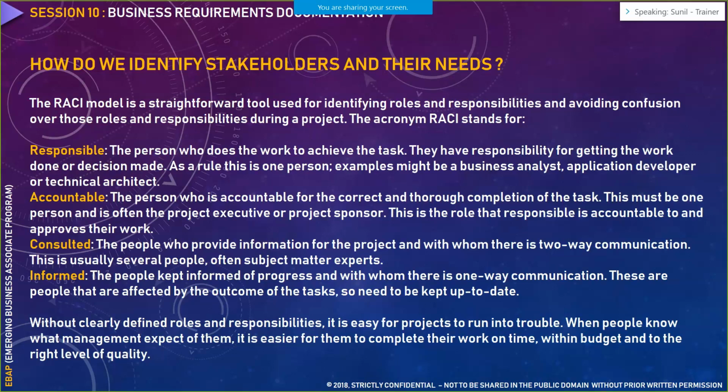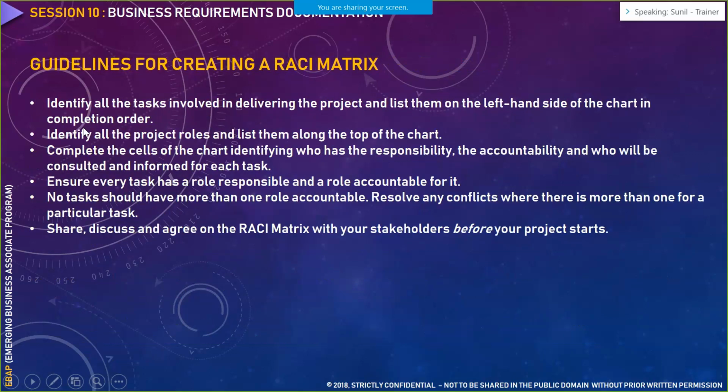So these are the four roles that you would see when you are identifying a particular stakeholder, on the basis of which you would be creating a RACI matrix or RACI model. Now, these are the guidelines for creating a RACI matrix: identify all the tasks involved in delivering a particular project and list them on the left-hand side of the chart in the completion order.